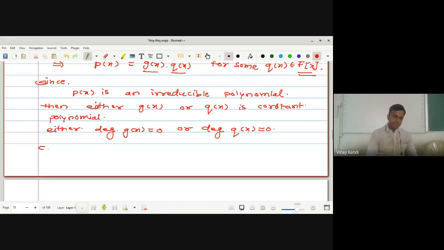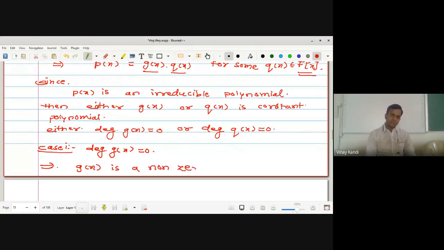What is case 1? Suppose the degree of g of x is 0. I don't know whether the degree of this one or this one is 0. If suppose the degree of g of x is 0. Okay, so what do we have then? It implies that g of x is a non-zero constant polynomial.